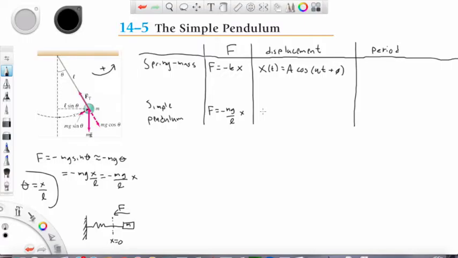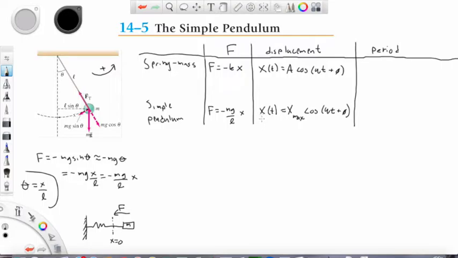So let's still call the displacement x. So it would be x as a function of time is some x max times cosine omega t plus phi.